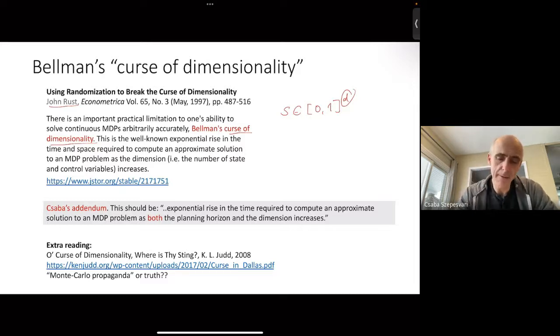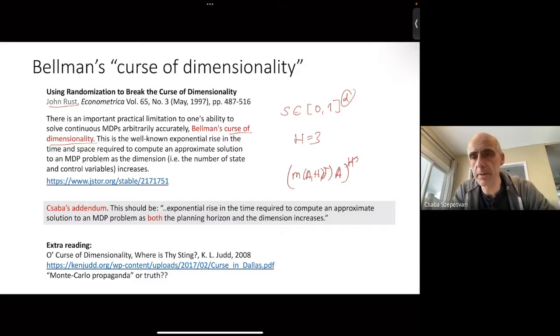So if H is 3, then whatever, I had m, and that was a nice function of m, A, H, and delta, and A raised to the power of H is just like A cubed, right? It's a cubic dependence for a fixed horizon.